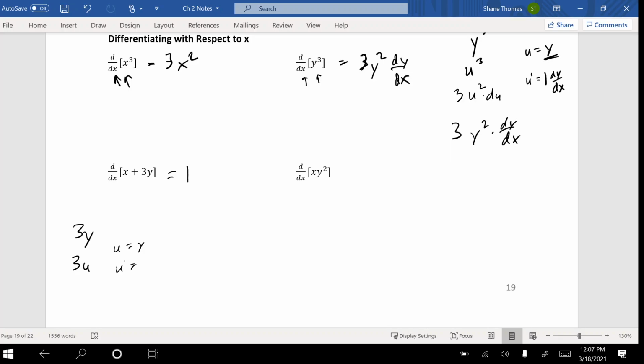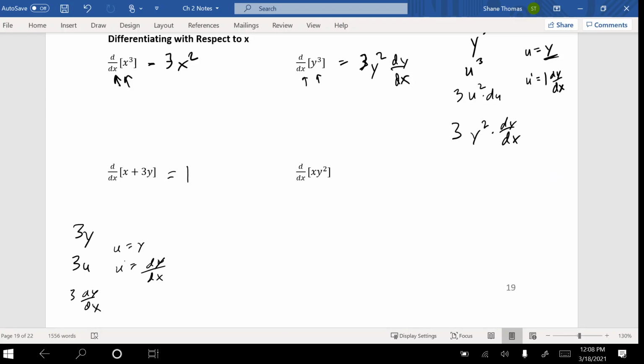We just found that in the last one. It's just going to be dy dx. And then I just multiply that back through, so I end up with 3 after I apply the constants rule. The u is gone, so I have 3 dy dx.